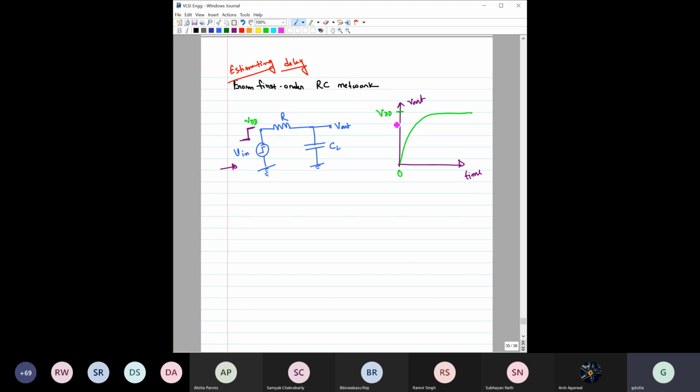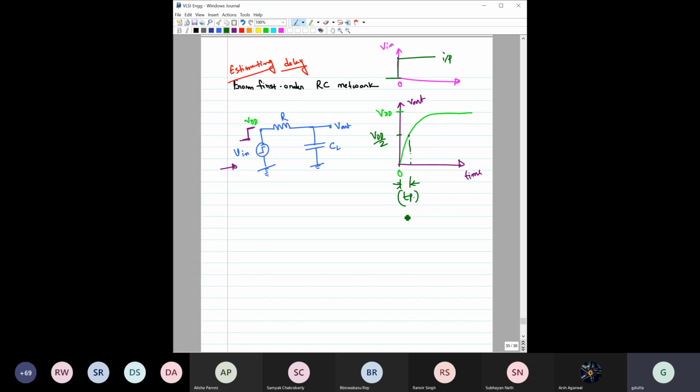Now, if you have to consider the delay, on the same time scale, this is 0, and this is V input. Let us also plot this input, just for our understanding. If you now want to estimate the delay, we have to find where this output voltage has reached VDD by 2. Then basically this much is the propagation delay, TP, right?